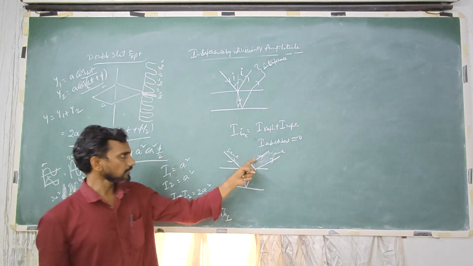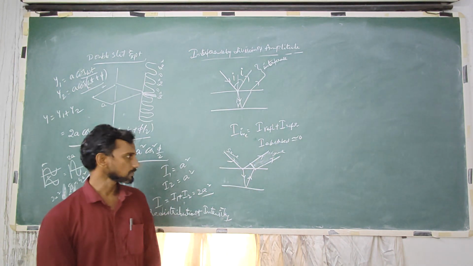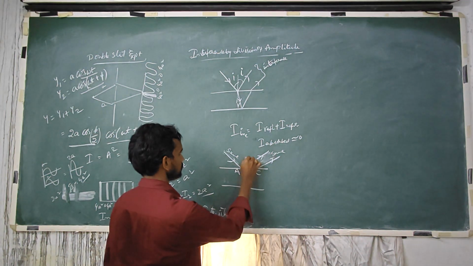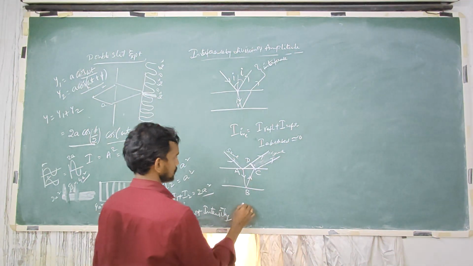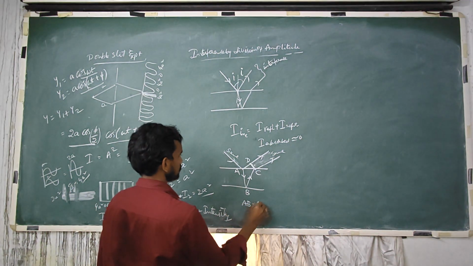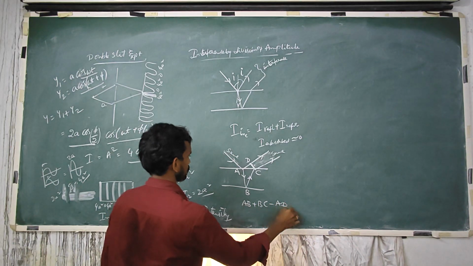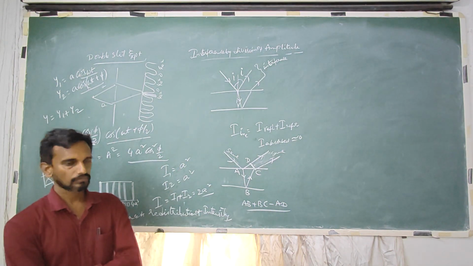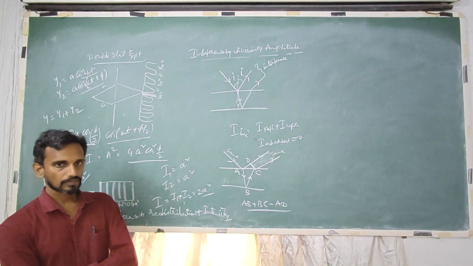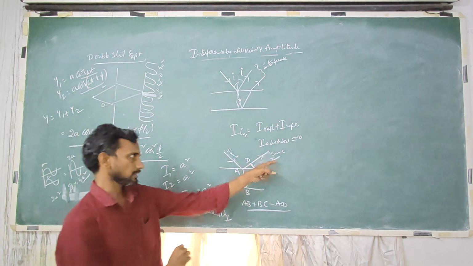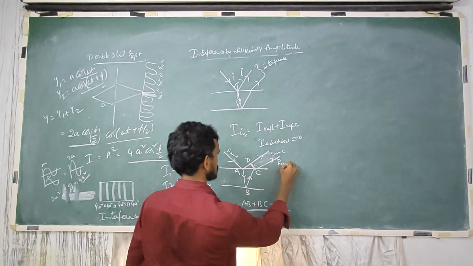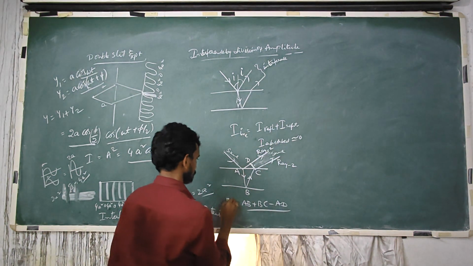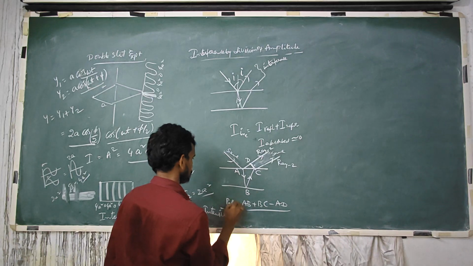The difference between ray 1 and ray 2, if we call the points A, B, C, D, is AB plus BC minus AD. The difference between ray 2 and ray 1 is the path difference.